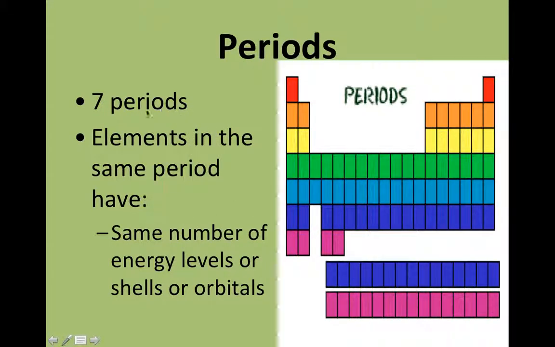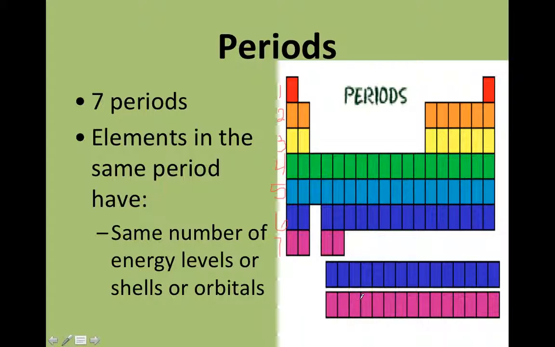So in looking at this, there are 7 periods on here, and I'm going to label them 1, 2, 3, 4, 5, 6, and 7.